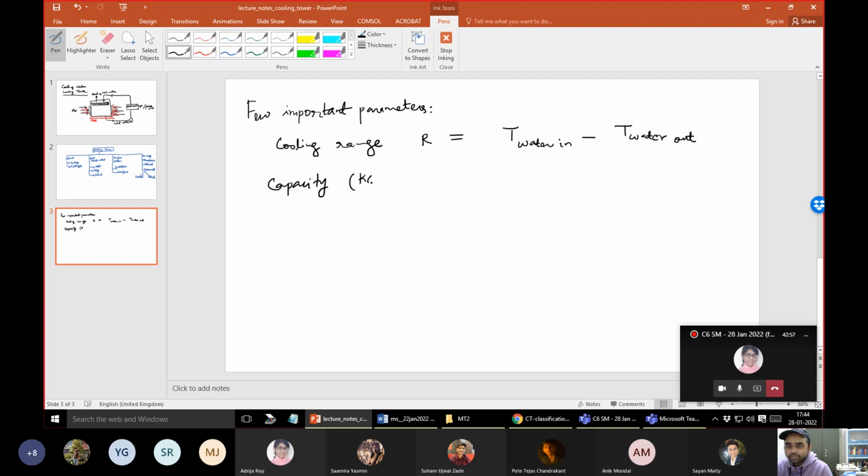is given in terms of kcal per hour, and this is given as C, which is nothing but the water circulation rate, in meter cube per second, into the Cp.